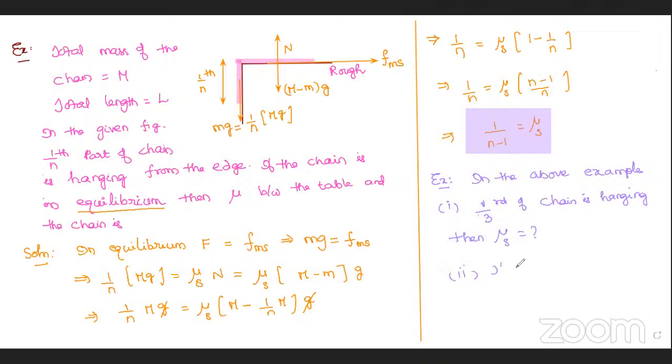Second one: if mu_s is equal to 0.5, find the part of the chain hanging from the edge. What will be the answer for the first question? If you understood that.